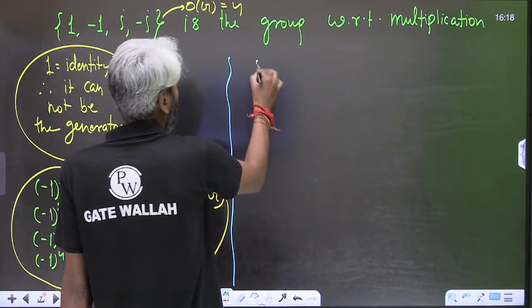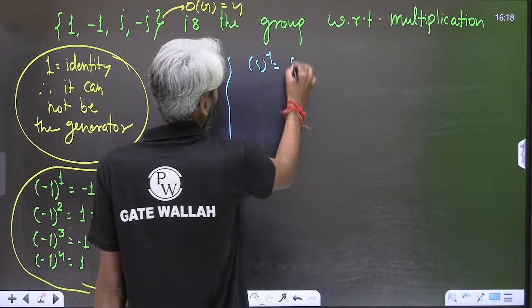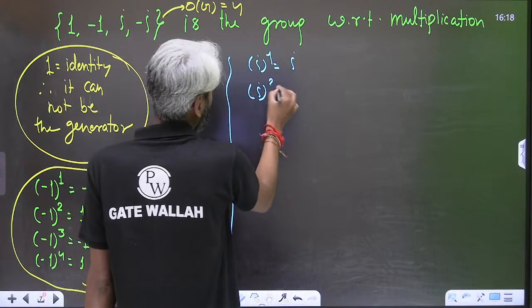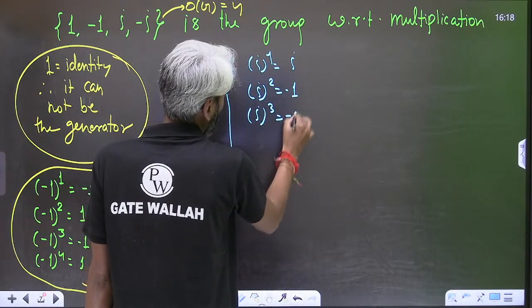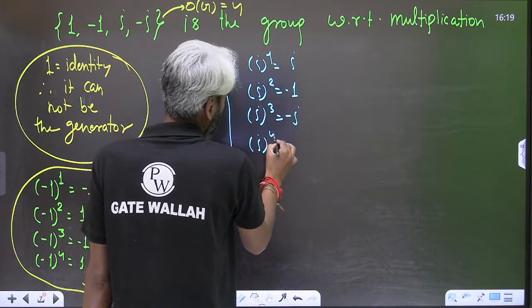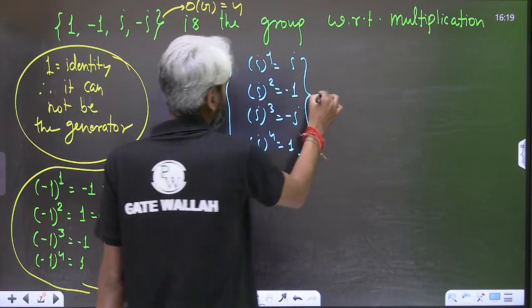Iota raised power 1 will be iota. Iota raised power 2 will be -1. Iota raised power 3 will be minus iota. And iota raised power 4 will be 1. All elements.